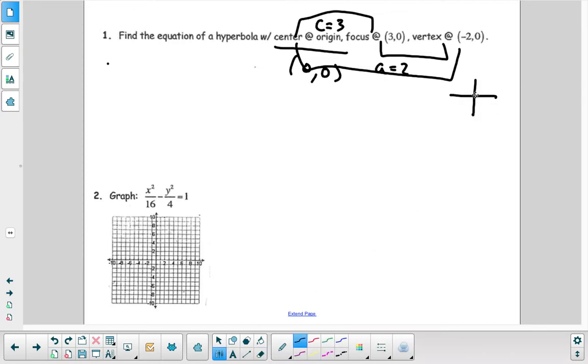This is how it's done. 0, 0, negative 2, 0 is our vertex, one of the vertices. And then the foci, one of the focus is 3, 0. And we know that it's going to be opening like this. Sorry, that should go through the vertex. We know it's going to be opening left and right, because it's all on the transversal axis, which is, again, similar to the major axis.